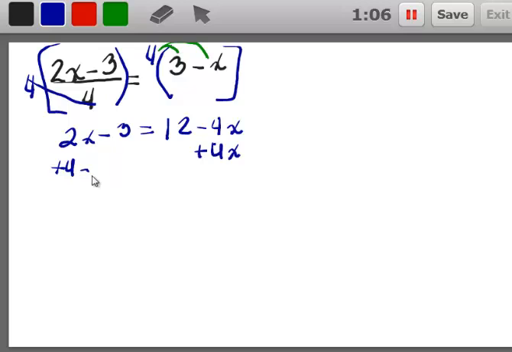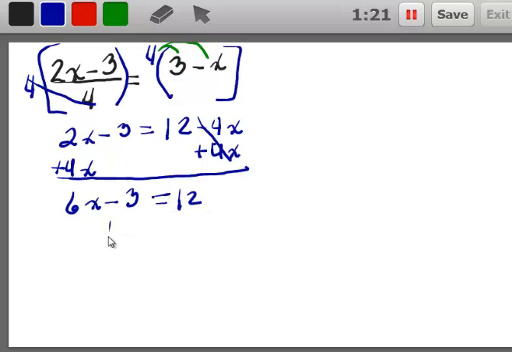And also, I like them to be on the left-hand side, but again, if they're positive on the right-hand side, it's fine. Alright, so 2x plus 4x gives you 6x. 6x minus 3 equals 12. Then you're going to add 3 to both sides. Make that a plus.